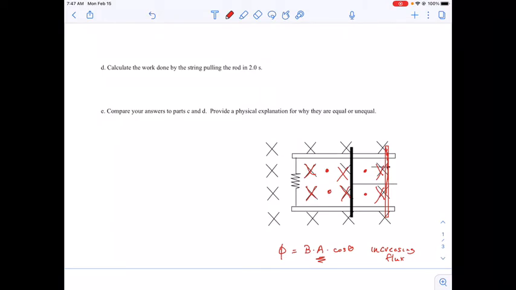And so, let's see. If I take my right hand and put it around the wire like this, my fingers would be coming out of the page inside the loop and going into the page outside the loop.